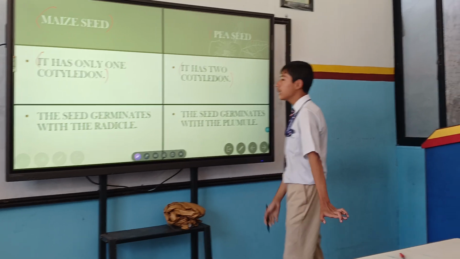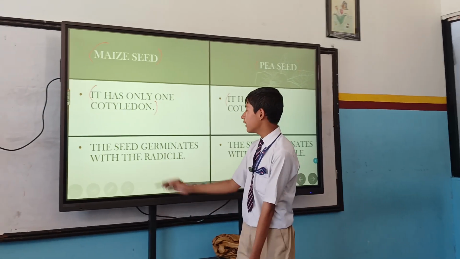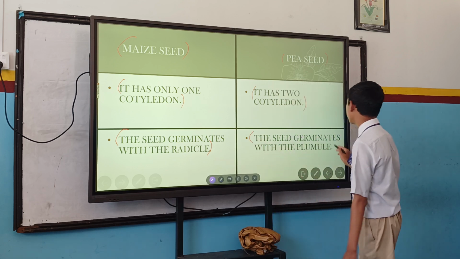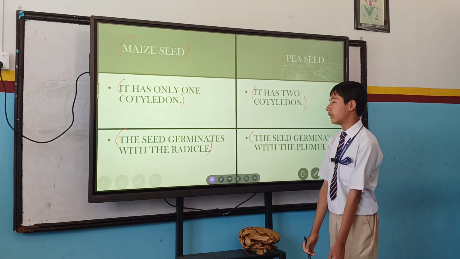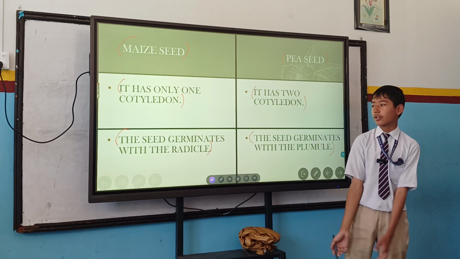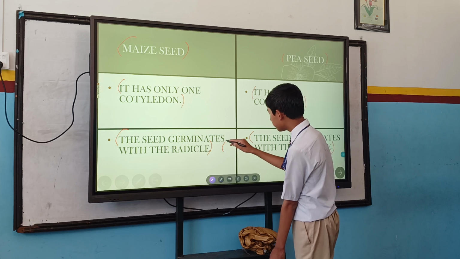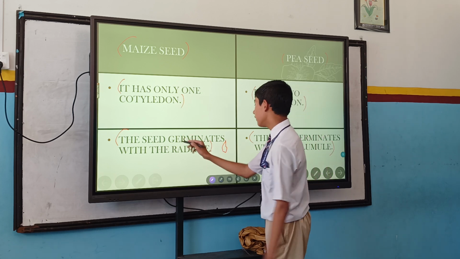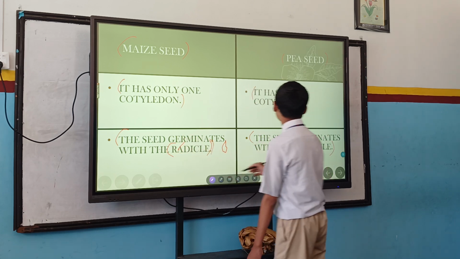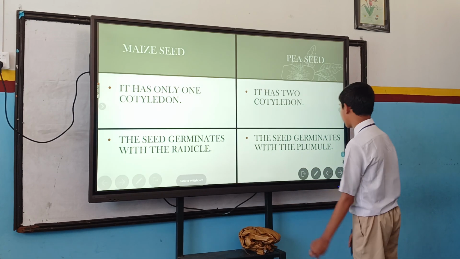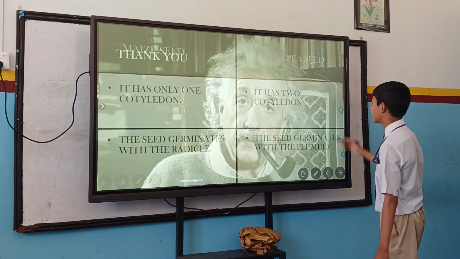Whereas pea seed is an example of dicotyledonous seed, so it has two cotyledons. Maize seed germinates with the help of radicle, whereas pea seed germinates with the help of plumule, as I differentiated before. We must remember it.